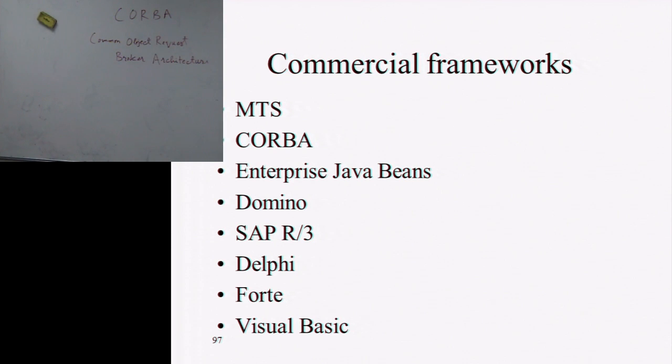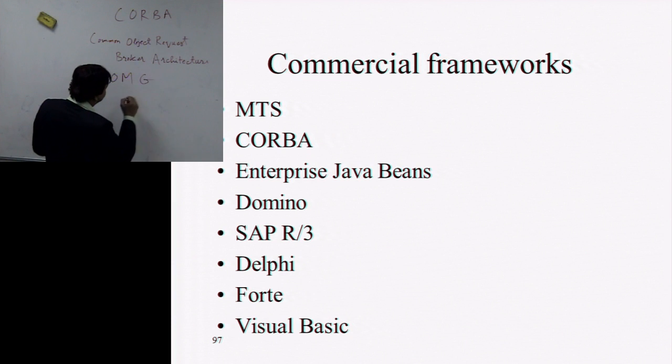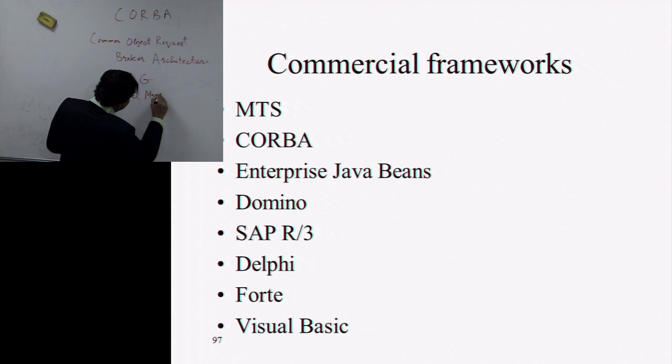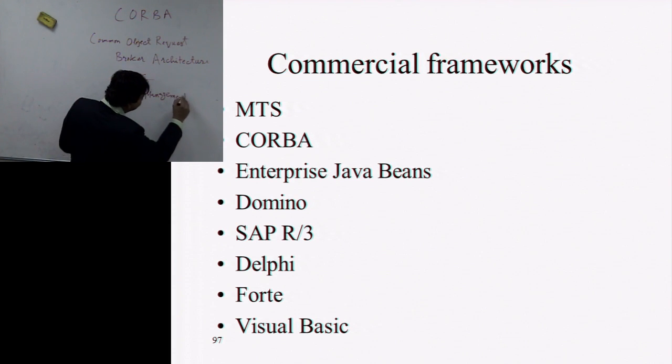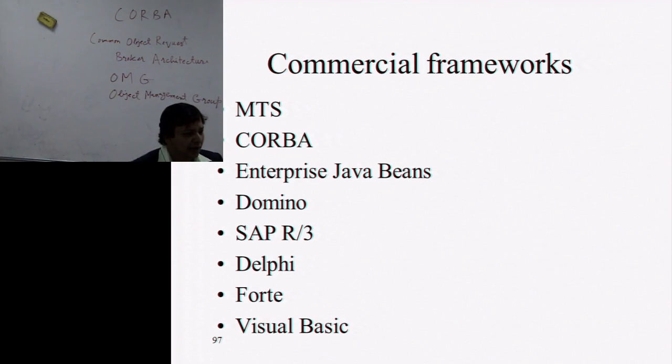Corba was introduced by an organization named OMG, Object Management Group. They introduced Corba to divide the architecture of different programming languages introduced by different vendors to intercommunicate, to achieve reusability.